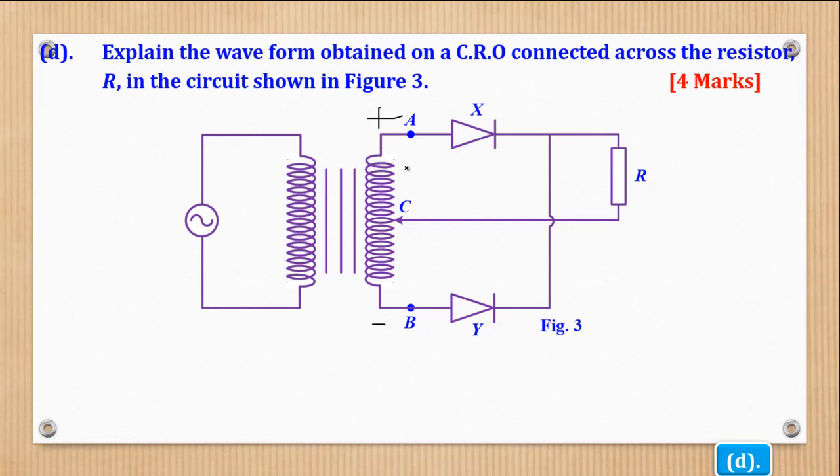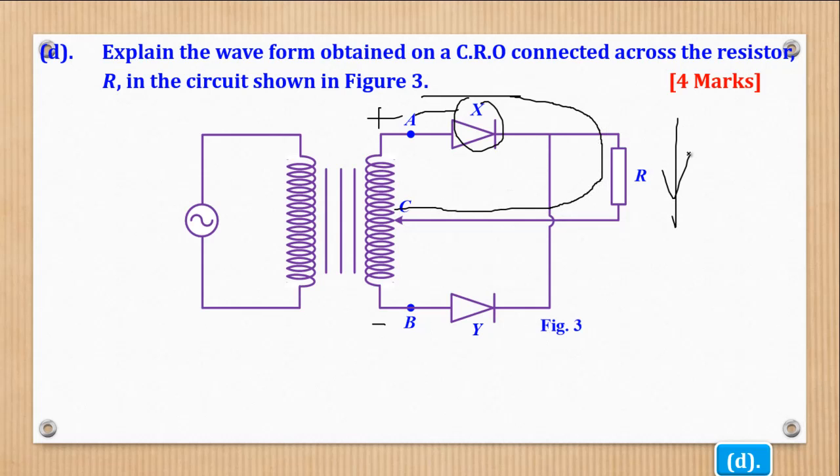Do you know what will happen? It means that current will flow, this conductor will conduct. So current will flow through this to that.